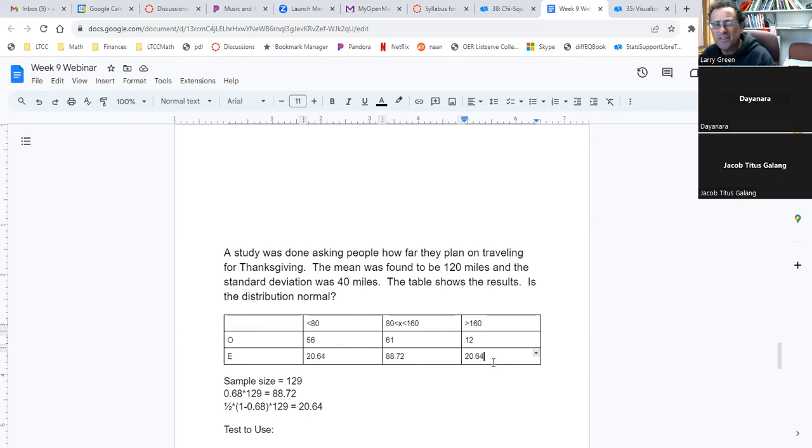Okay, what test should I use? Which of the three tests that we've talked about today should be used? Even if you guess, you've got a 1 in 3 chance, right? So what do you think?